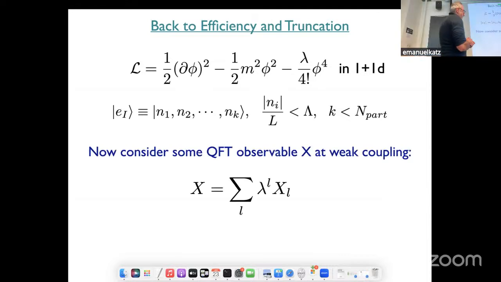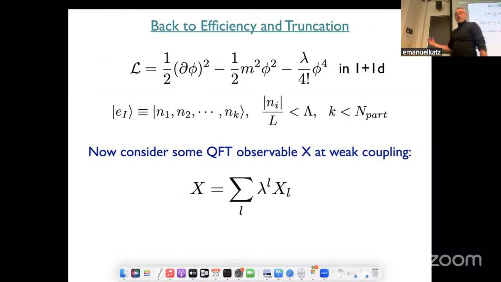But I want to try to understand the connection between this way of computing using truncation, or using this ansatz for how to parameterize a wave function, and perhaps a more standard way that we compute. So in quantum field theory, we compute observables, and we typically expand these observables in terms of some coupling.